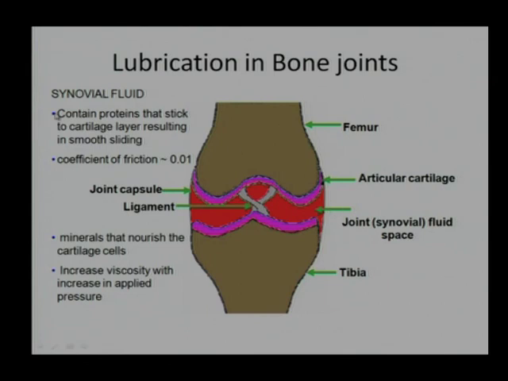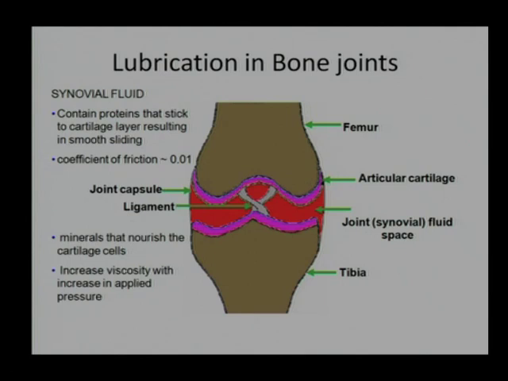So, that requires some properties. This liquid needs to contain proteins. It is nowhere related to lubrication as such, but it requires proteins that stick to the cartilage layer, resulting in smooth sliding. The proteins also act as boundary additives to provide smooth, low friction.